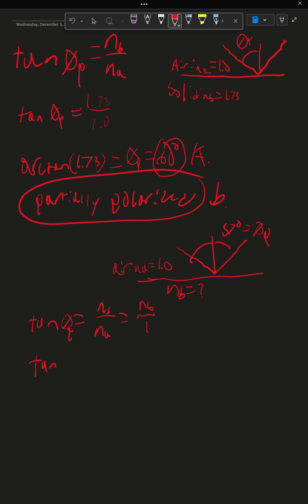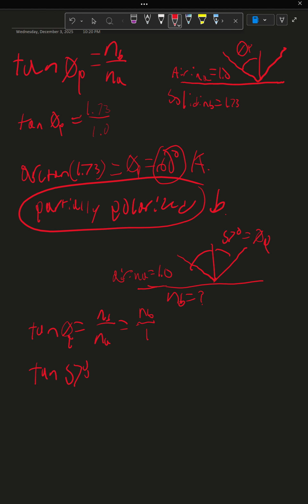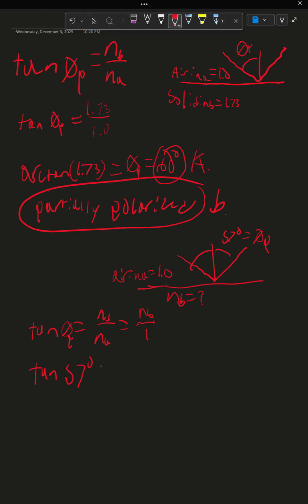We don't have to find the angle, we have the angle already. To find n b, we use the angle we have, which is 57 degrees. So tan 57 degrees equals n b. Since we can easily put that on a calculator, that'll be 1.54.